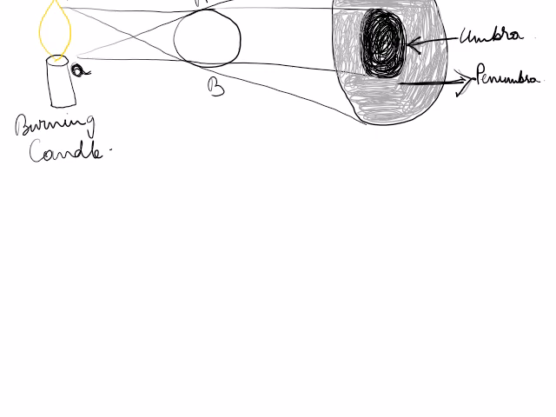Heavenly bodies means planets, right? Now we will be learning the phenomenon of formation of eclipse. Very, very important. Now, what are eclipses? Eclipses are the formation of shadows of heavenly bodies.